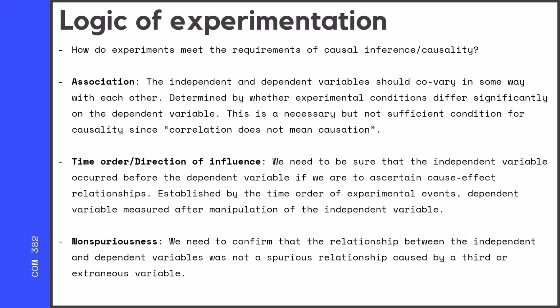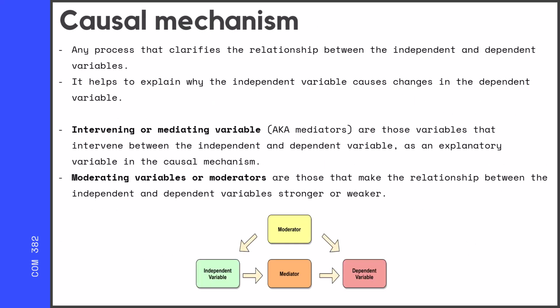So we want to make sure that we select participants who are pretty similar, that we test that demographically the groups are the same, and if that difference in academic performance between those who did the meditation and those who didn't still persists after controlling for all those extraneous variables, then we can conclude that the relationship between mindfulness meditation and academic performance is not spurious. Hopefully that makes sense, everybody. If not, pause, read through it again, listen to it again.